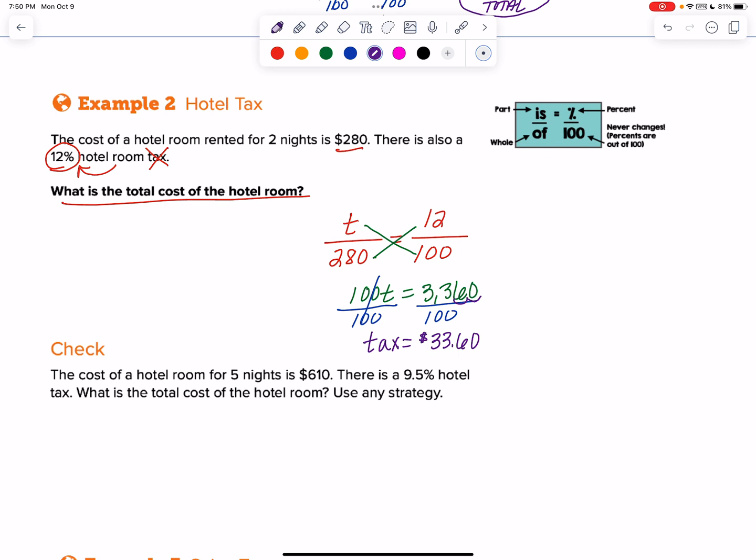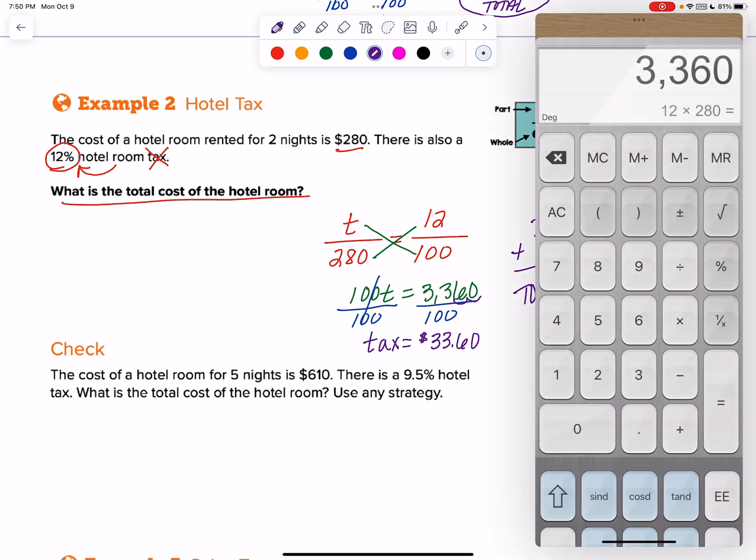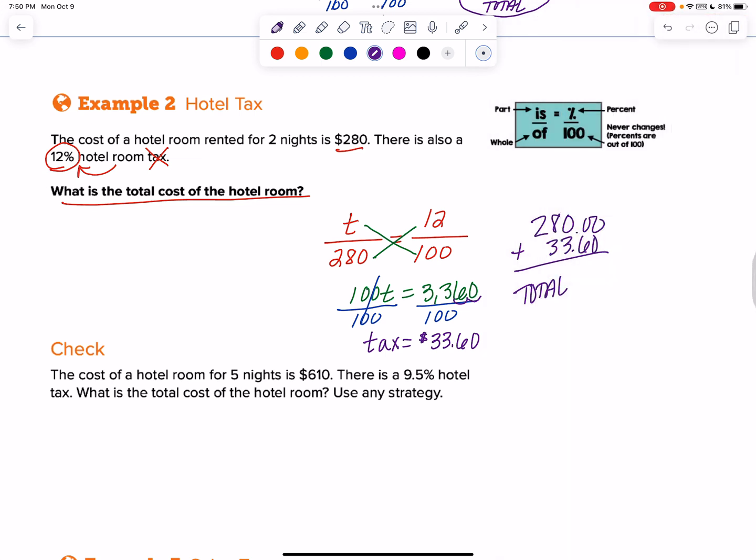So it's our 280 plus the 33.60, and so total is 280 plus $33.60 tax, $313.60. $313.60 total. That's what we're circling.